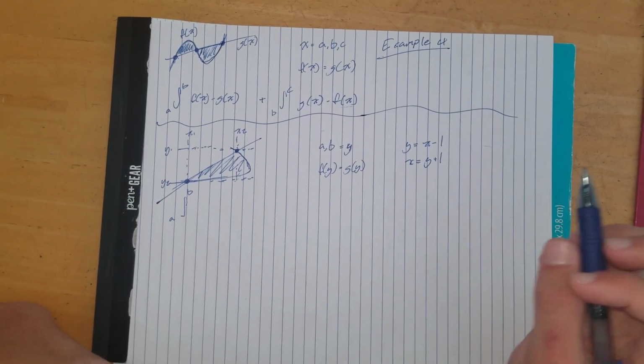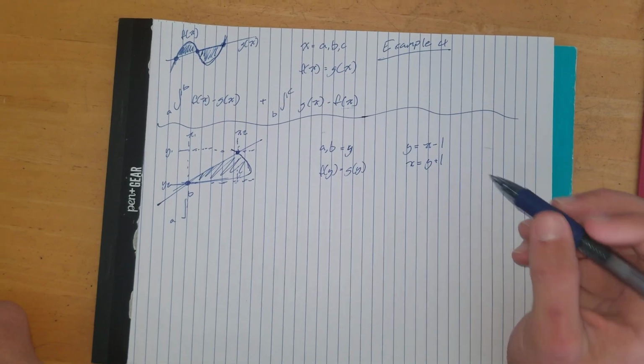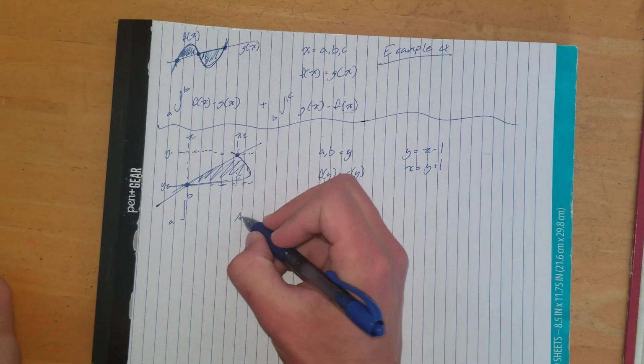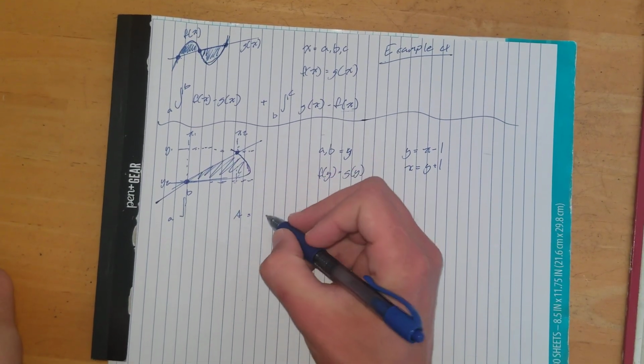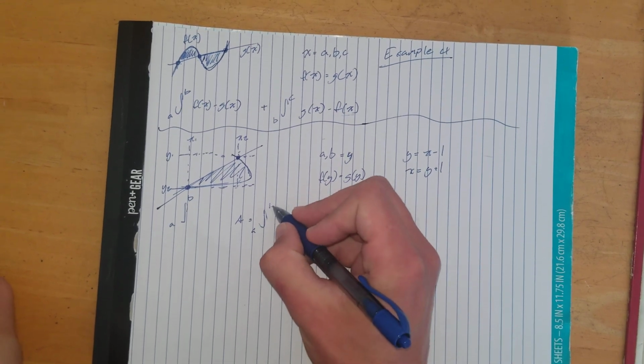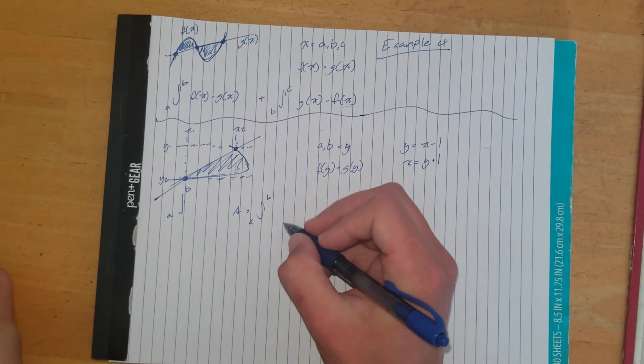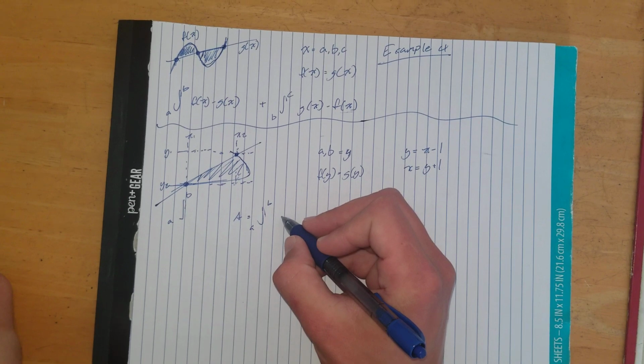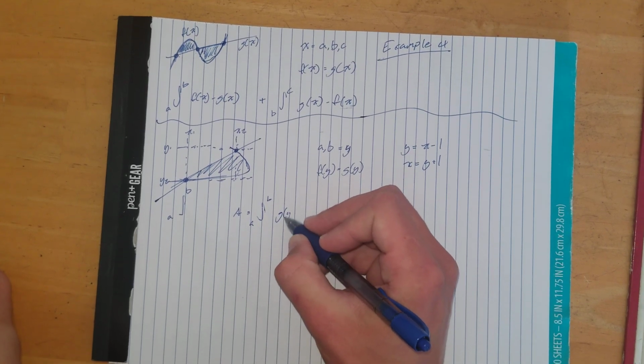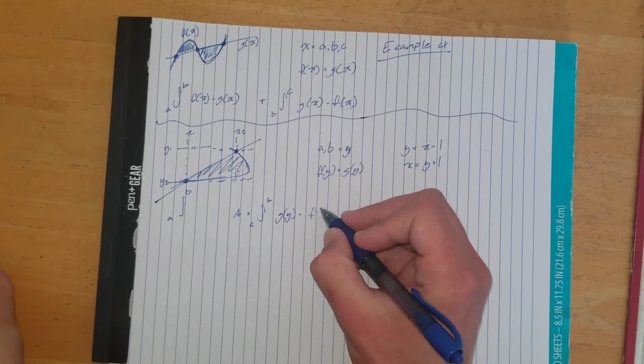Okay. So now we're going to use the same equation we have been using, but A and B are y values, and we're using g of y minus f of y.